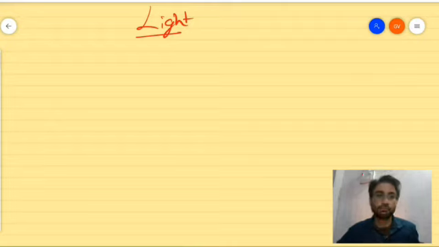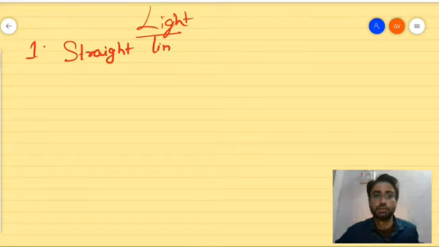Coming back to light, there are some fundamental things which we have to understand to properly understand the nature of light. The first thing that is very important which is associated with light is that it always travels in a straight line path.